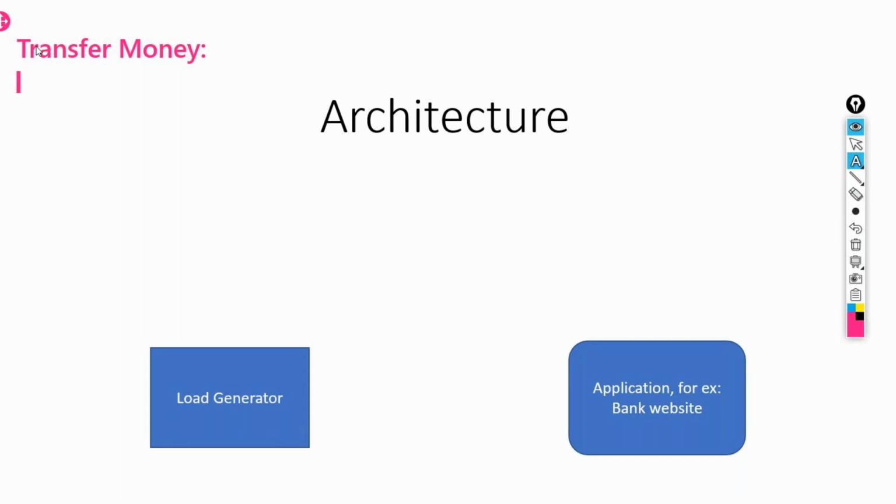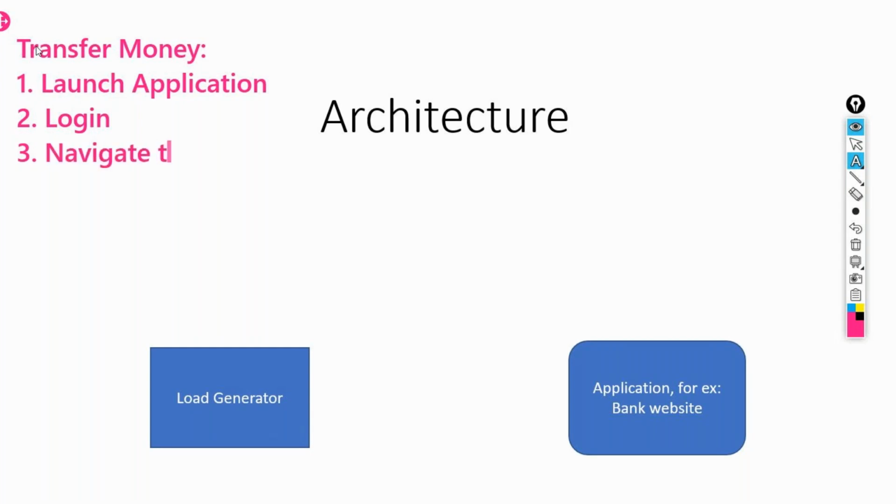So what are the different steps that are involved in this? Generally, if you want to transfer money, what does a user do normally? So first, the user will launch the application, then log into the application, then navigate to your account, isn't it? You might have different accounts, right? That's the reason.